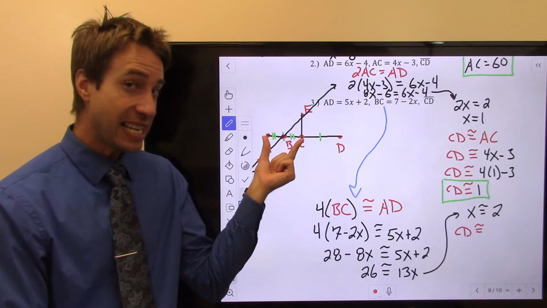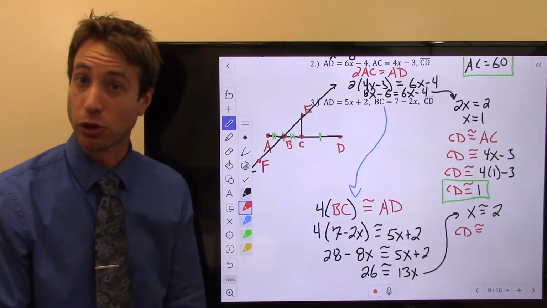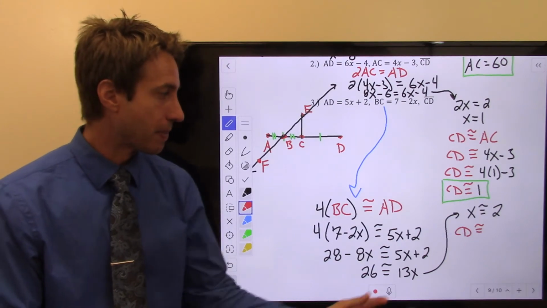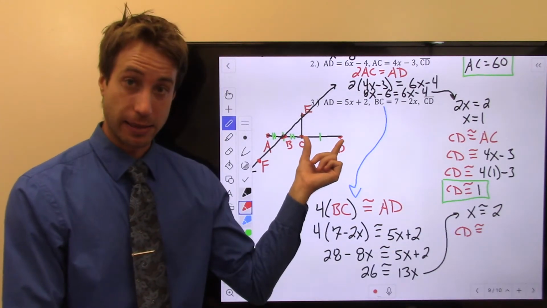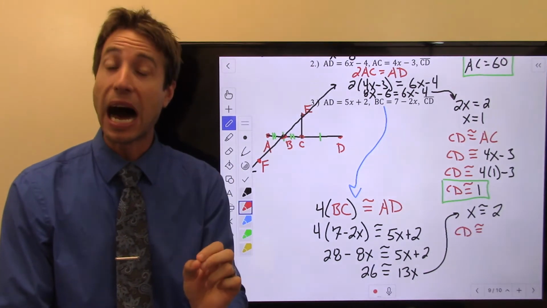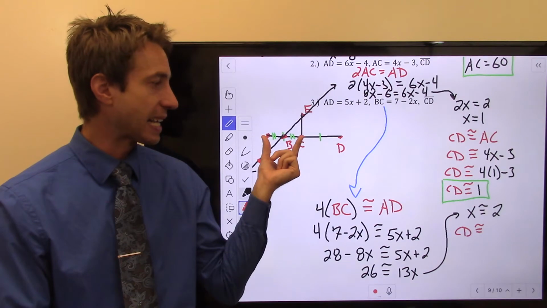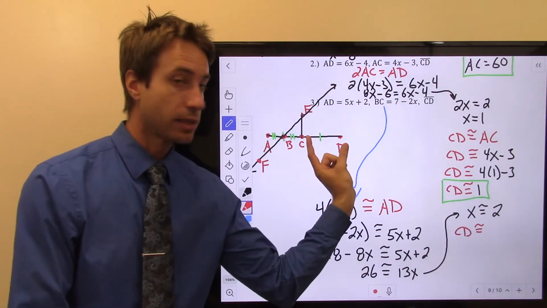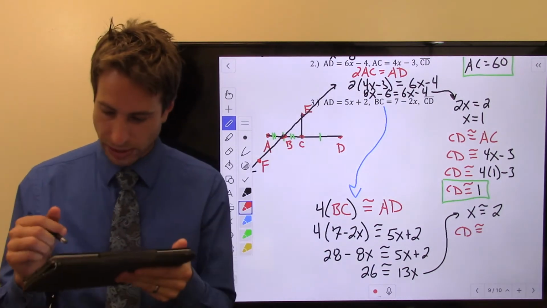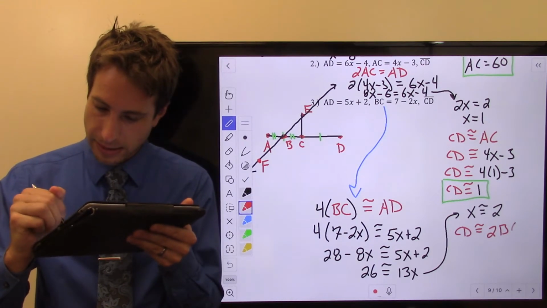And I know that AC is congruent to CD, which is what I'm looking for. So here's what that tells me. This segment CD is equal to 2 times BC. If I multiply BC by 2, I get AC, but that's equal to CD.